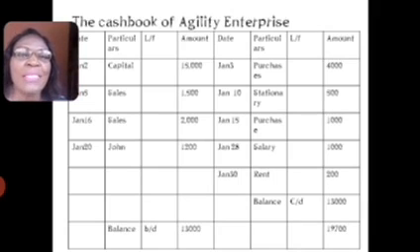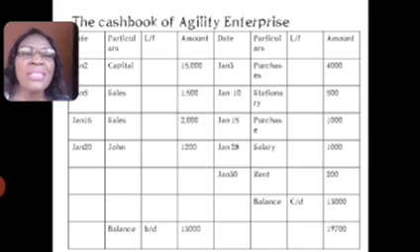Then you balance. In the steps of balancing, you will first add the credit side, and you will notice that the figure will be 6,700 naira. Then you also add the debit side, and you will see that it will be 19,700 naira. When you subtract the credit side from the debit side, you get 13,000 naira.